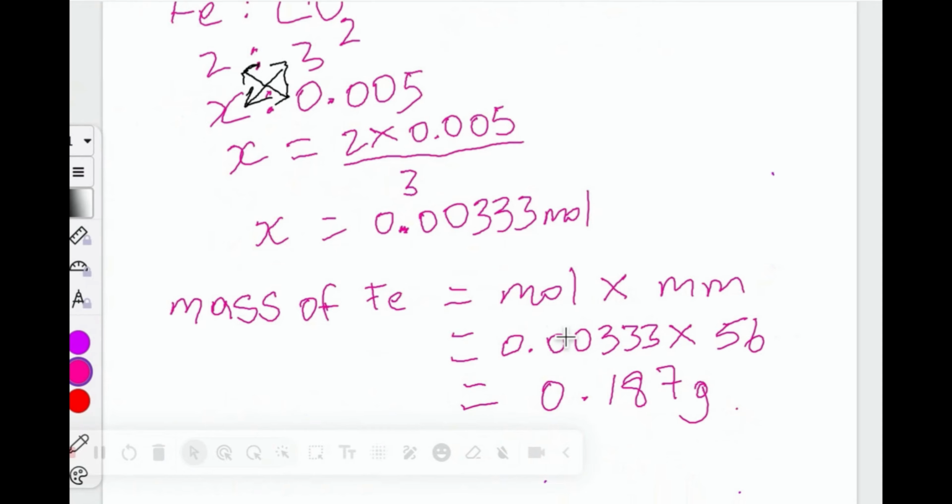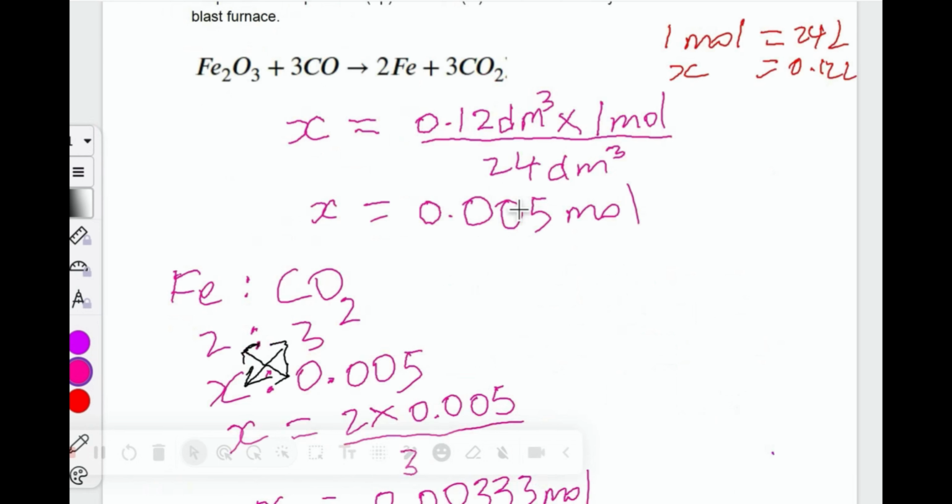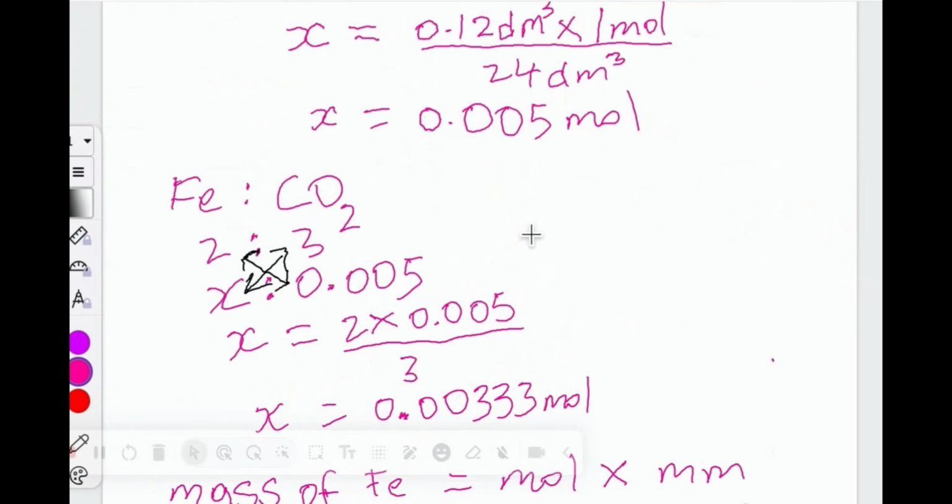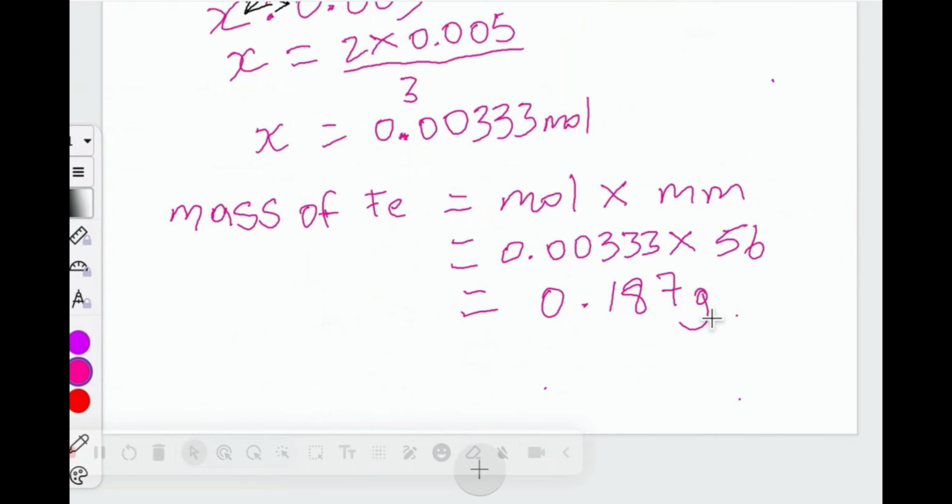So therefore, the number of moles, 0.00333 moles, times the molar mass, which is 56 grams per mole, works out to be about 0.187 grams. So from this, what we can see is that when 0.12 dm cubes of CO2 is produced in the blast furnace at RTP, then 0.187 grams of iron is also produced.